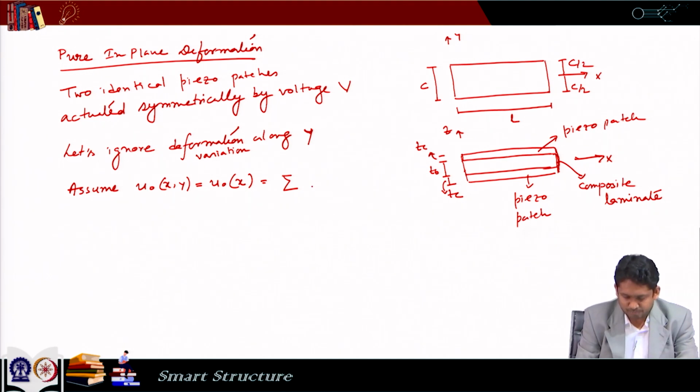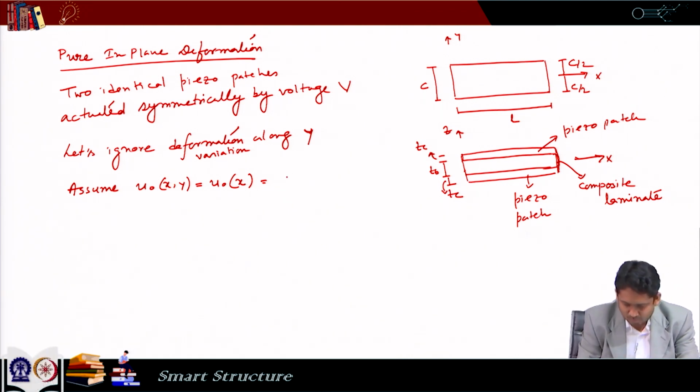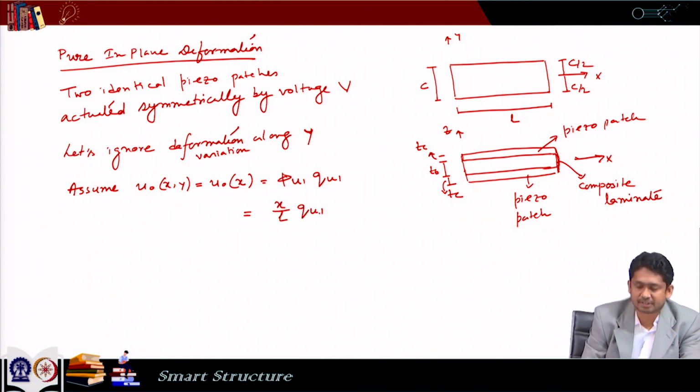So, it is u0, and let us approximate only one term solution. So, there is no summation, we are approximating only one term solution. Let us assume that to be phi u1 multiplied by q u1, and let us assume phi u1 to be x by L. Yes, it is x by L multiplied by q u1. Now, this satisfies the essential boundary conditions.